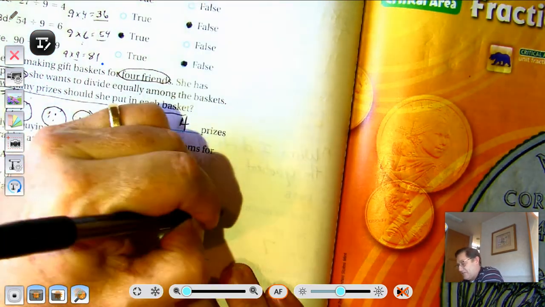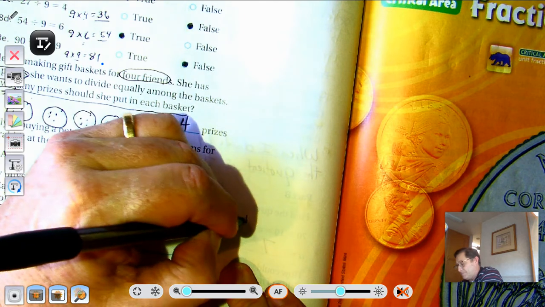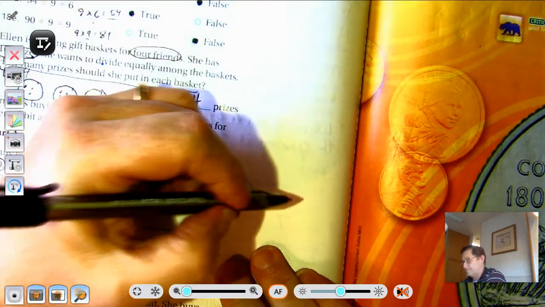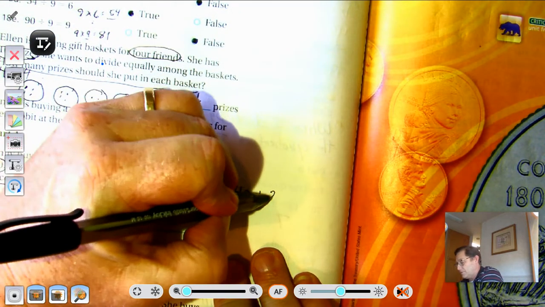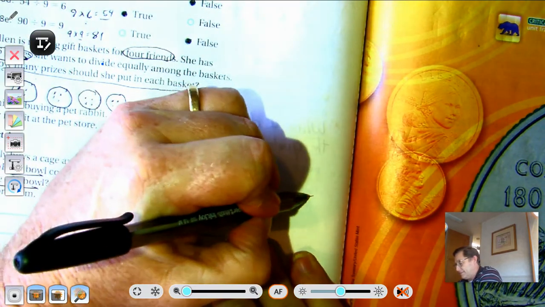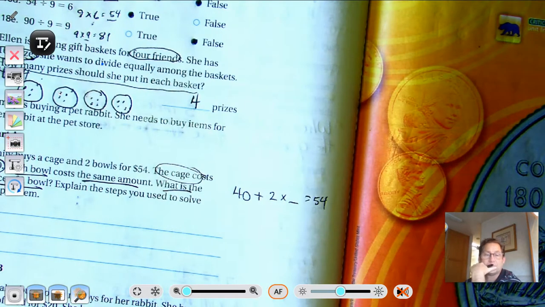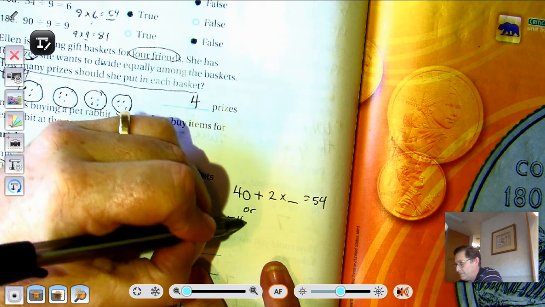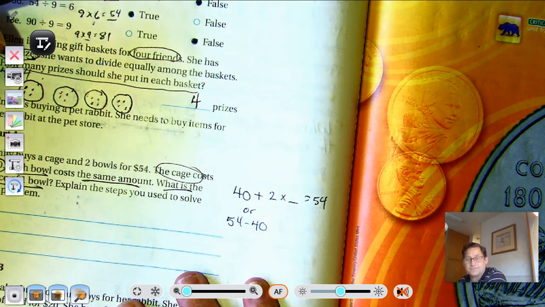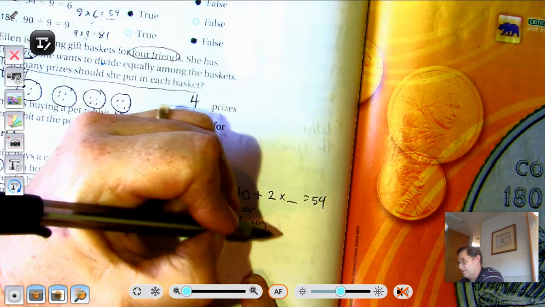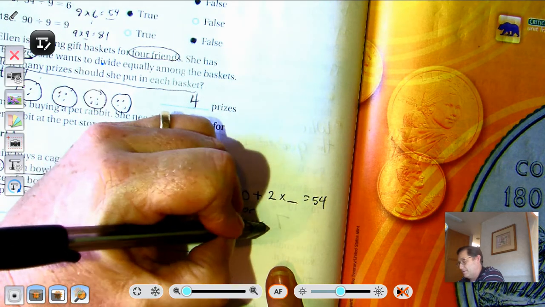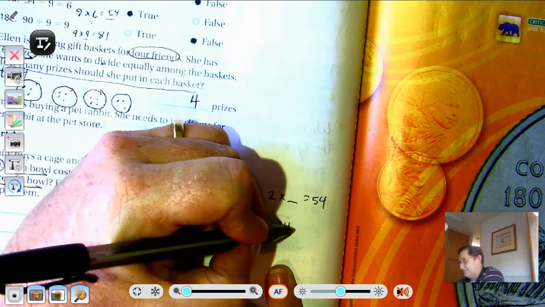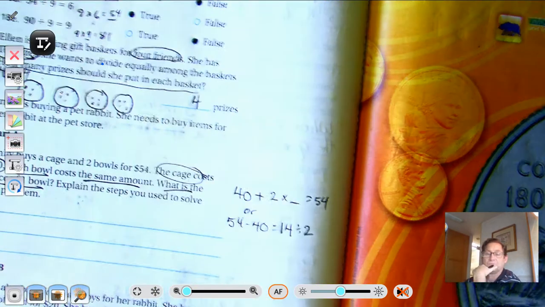she buys a cage for $40 plus 2 times something equals 54. Or we can say 54, take away 40, equals 14 divided by 2.